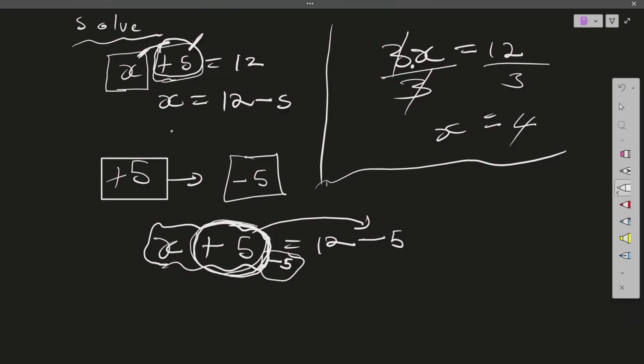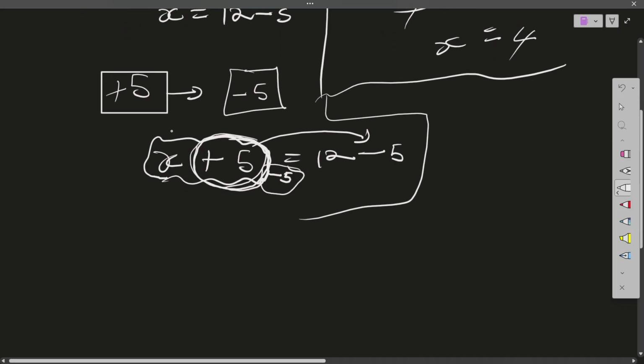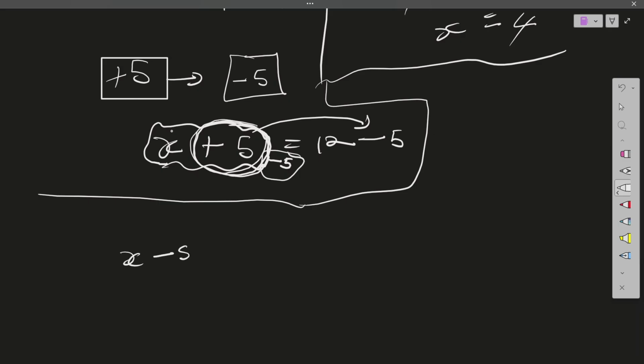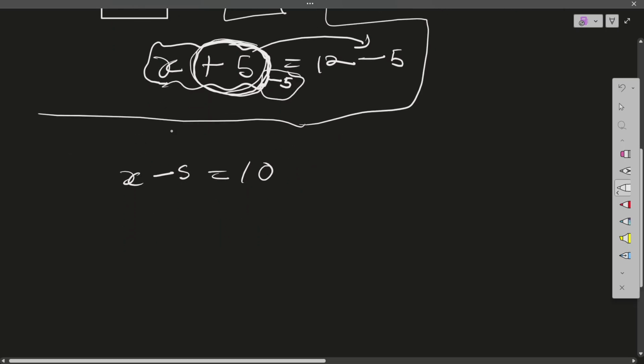Let's make another example. Let's say we had x minus 5 equals 10. In this example, we have a minus sign.